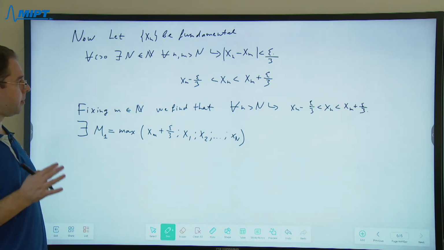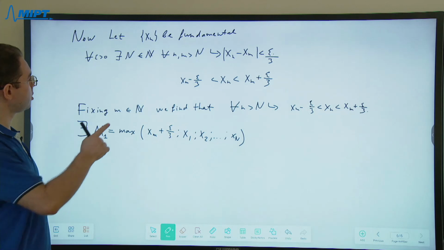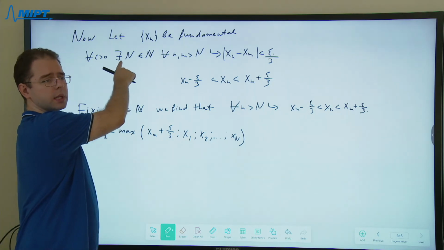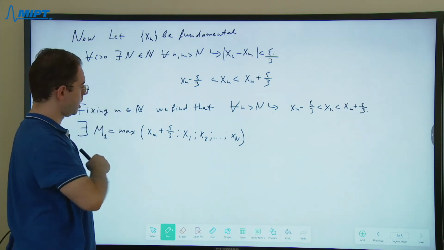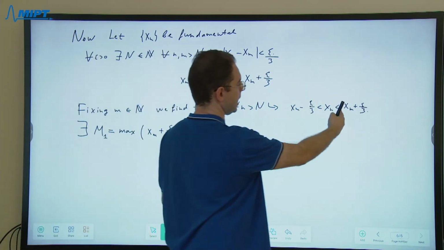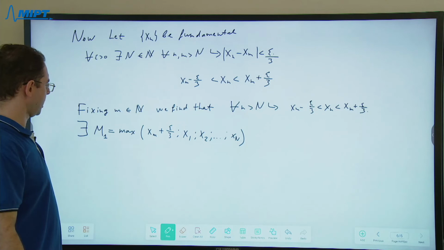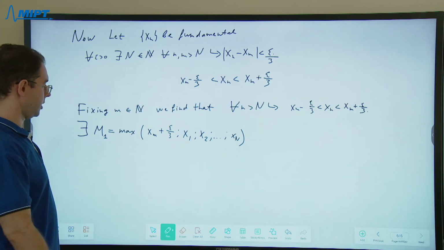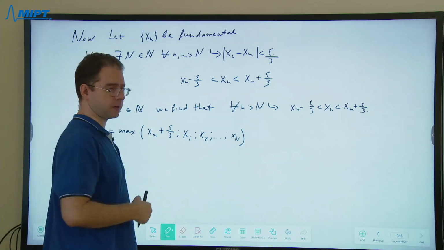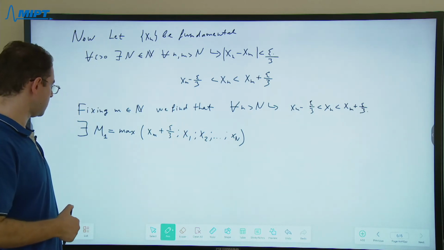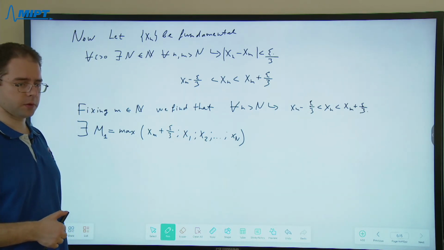I'm taking the maximum of all of the terms with smaller indices than N, and this number xm plus epsilon divided by 3. This is a finite number of numbers, so there exists a maximum of those numbers.